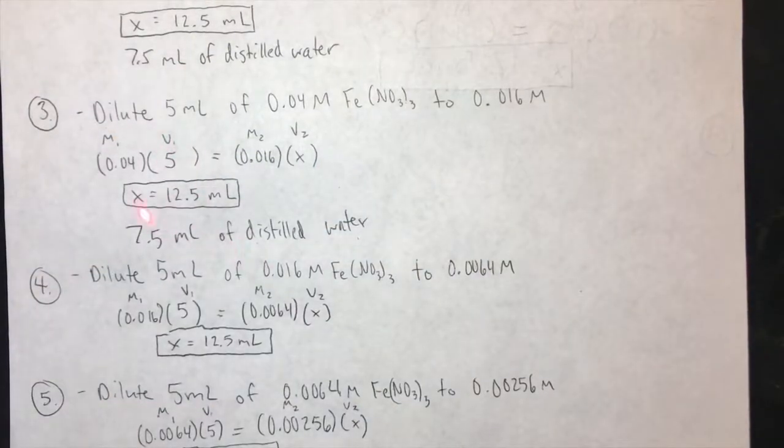Now that we created this much of 0.016 molar, we are now going to dilute 5 milliliters of the 0.016 molar to 0.0064 molar to create another total of 12.5 milliliters of liquid with 7.5 milliliters of distilled water.